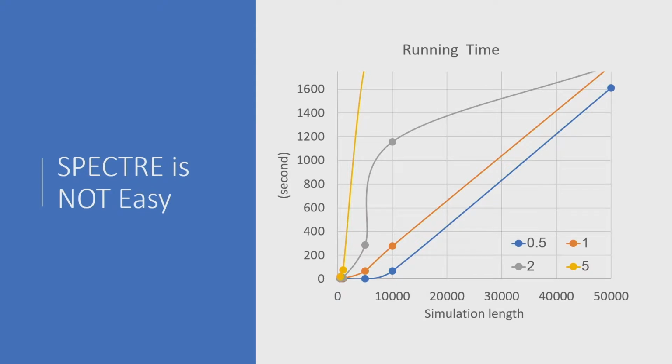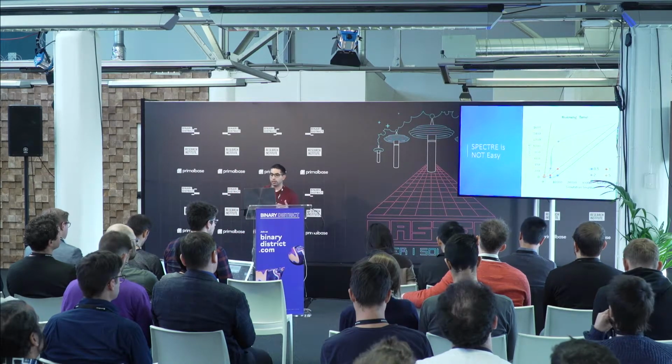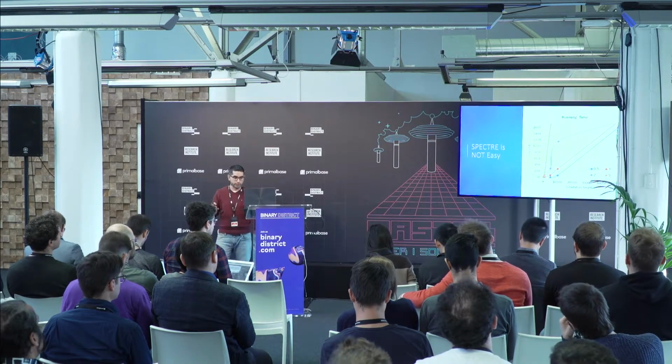So in this example, I simulated a network of miners, and I played with the number of blocks that this network can generate every second. I started with half a block per second on average, up to 5 blocks per second on average. I also played with the simulation lengths, from a few hundred seconds up to 50,000 seconds.